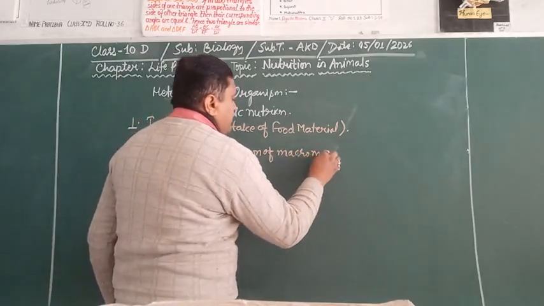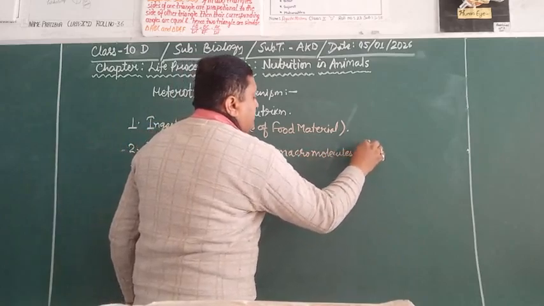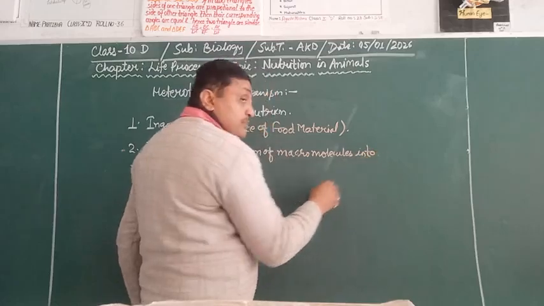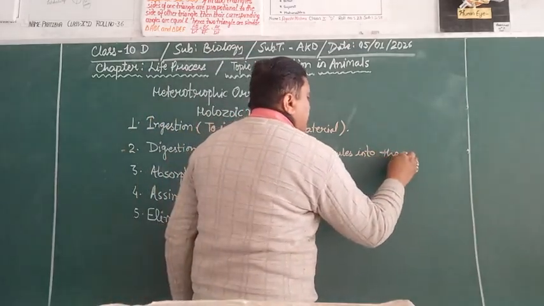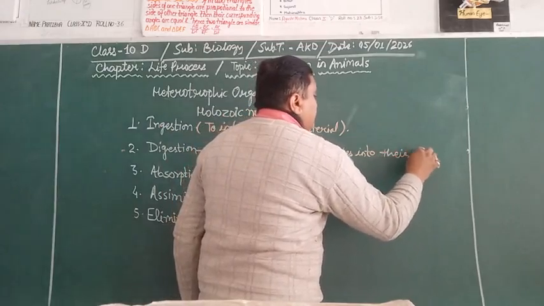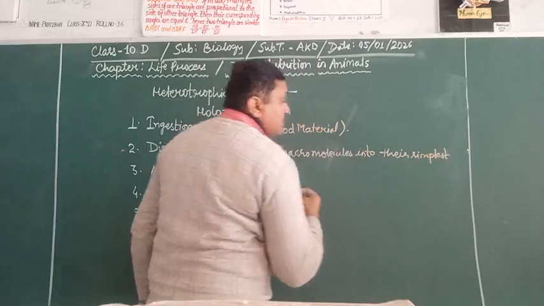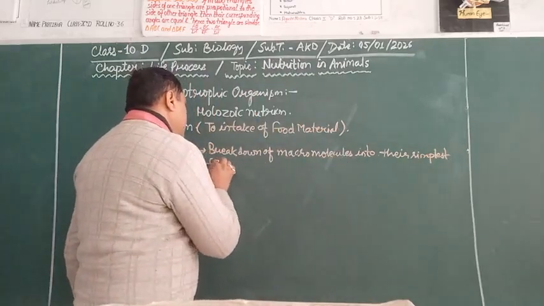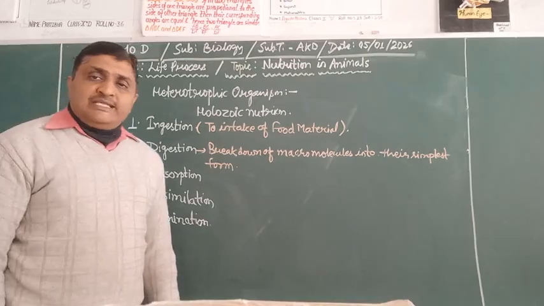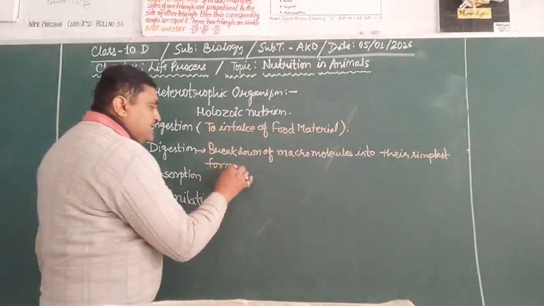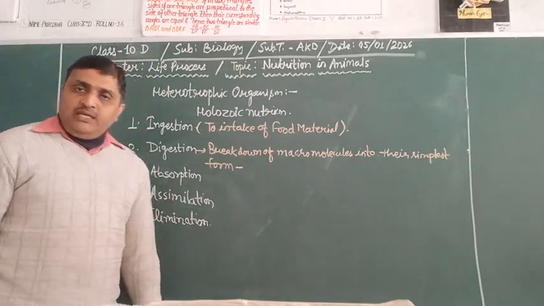Macromolecules are broken down into their simplest form. And these simplest forms are digested with the help of the digestive enzymes. The digestive enzymes act on them so that their digestion can take place.